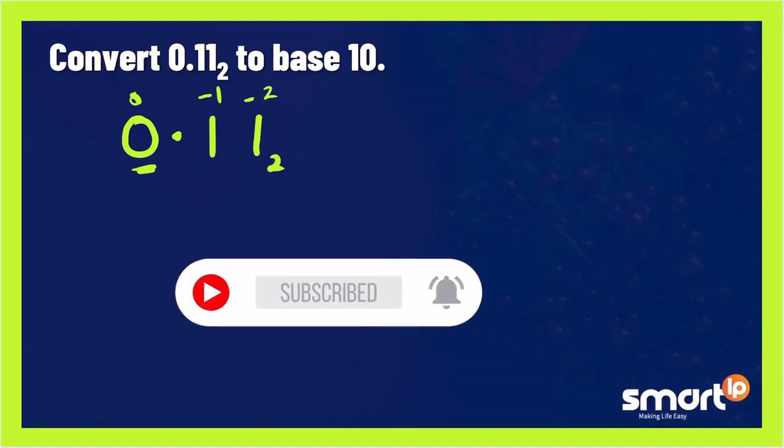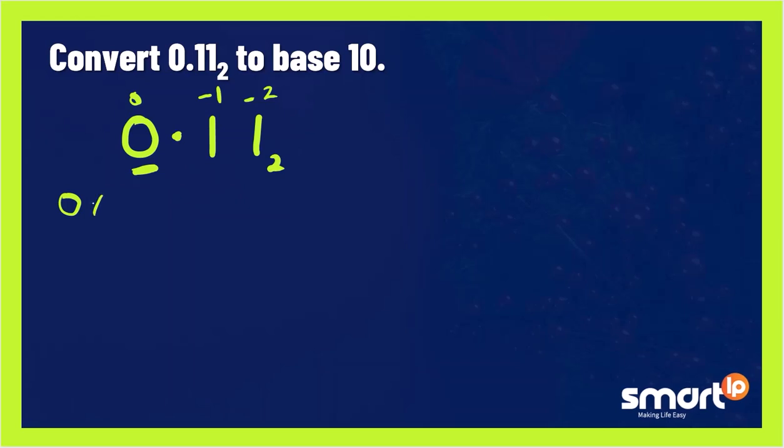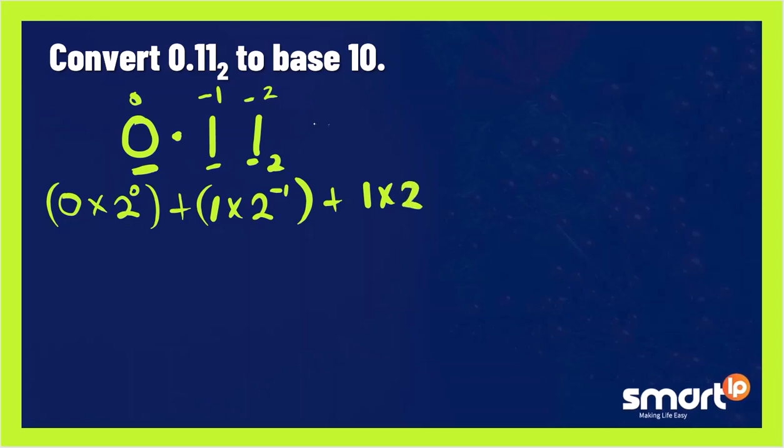The first digit is this 0, so we take 0 times 2 raised to power 0, in brackets. Then plus the next digit, 1, times 2 raised to power -1, in brackets. Then plus the next digit, 1 again, times the base raised to its power, which is -2. Now 0 times 2 raised to power 0: anything raised to the power of 0 is 1, so we have 0 times 1. Then plus 1 times 2 raised to power -2.